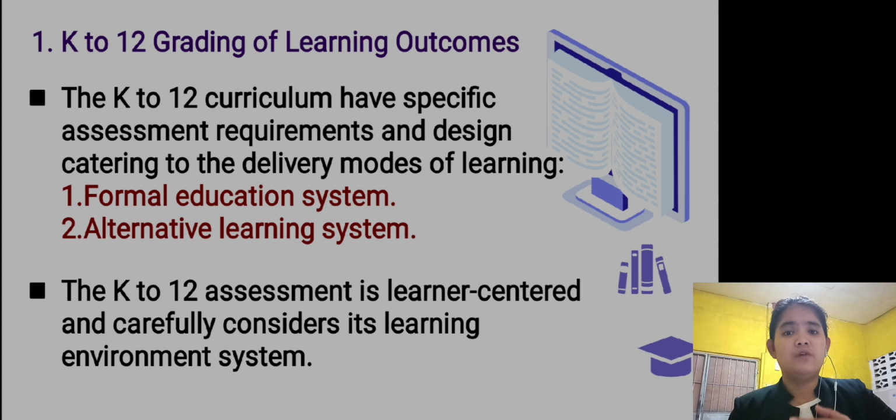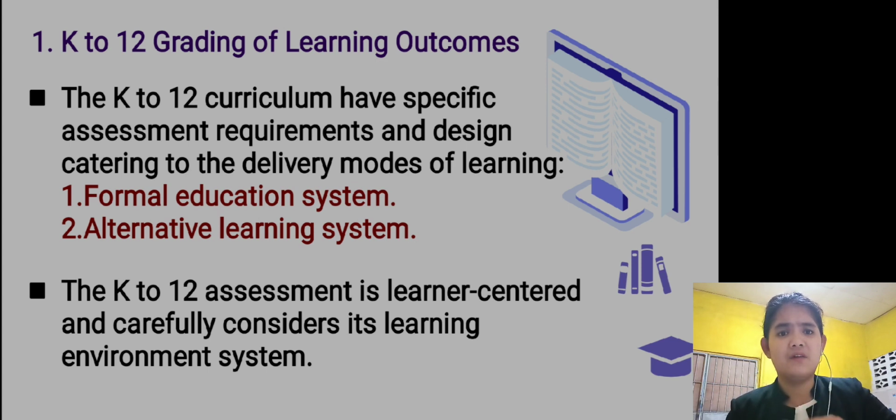The K to 12 curriculum has specific assessment requirements and design catering to the delivery modes of learning. We have the formal education system and the alternative learning system or ALS. Formal education system is classroom based, managed by trained formal school teachers, with a strictly implemented time period.